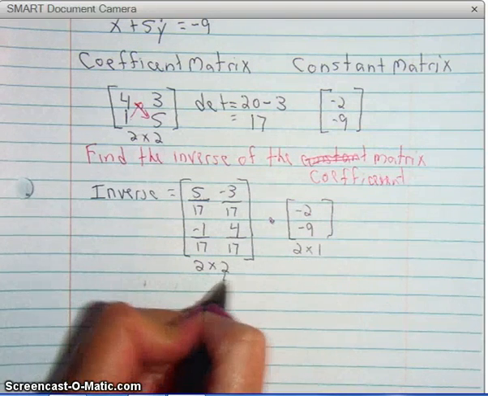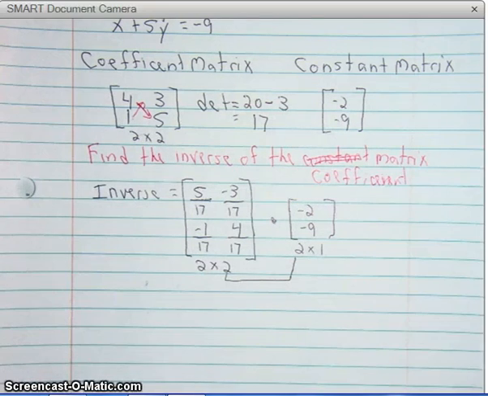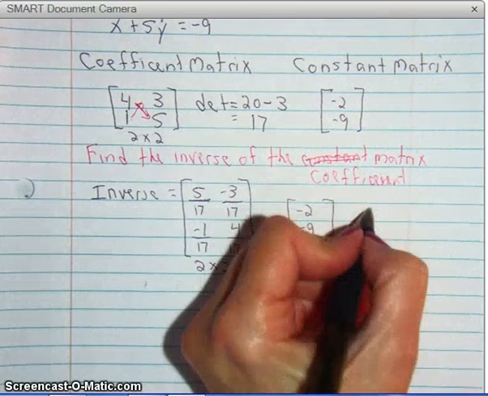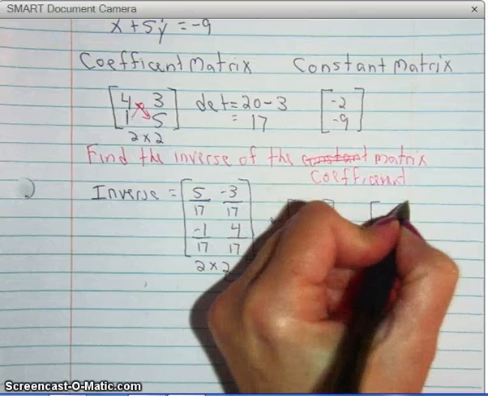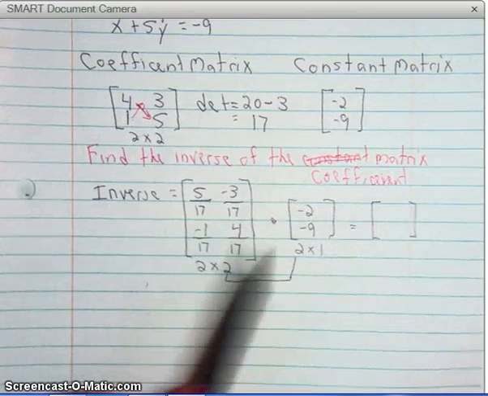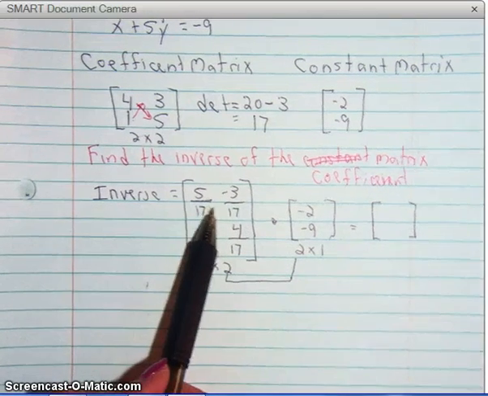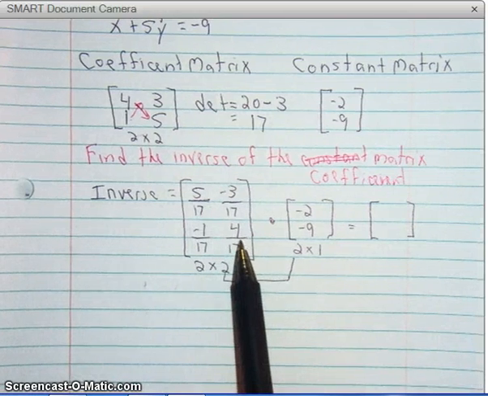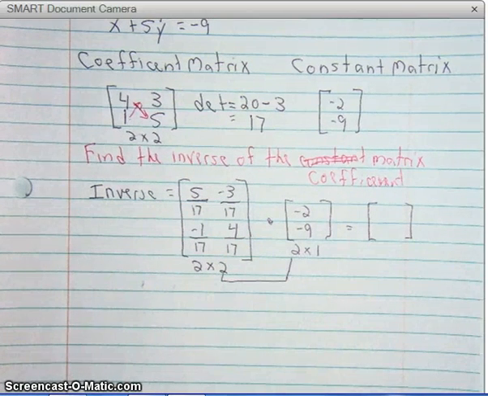And first question I would ask you guys is, does that work? Yeah? Okay. And we should get a 2 by 1 answer. Now, would I ask you to do this multiplication with these fractions by hand? Absolutely not. So let's go to our calculator and let's multiply it out.